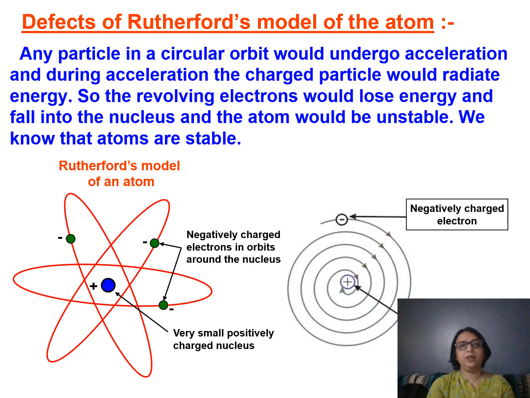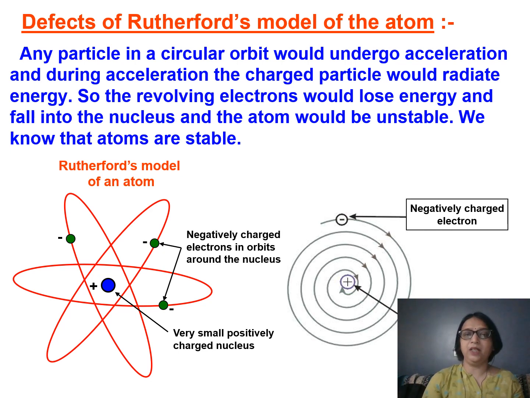And what was the defect of the Rutherford model? This model was also discarded. Any particle in a circular orbit would undergo acceleration. In circular motion, there should be acceleration, and during acceleration, the charged particle would radiate energy.